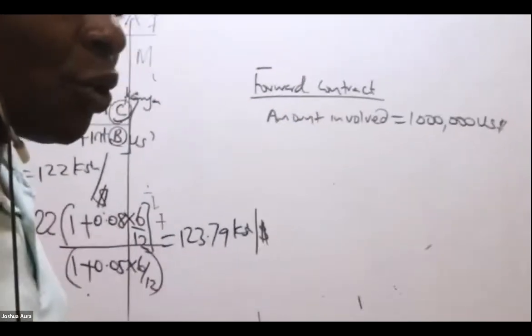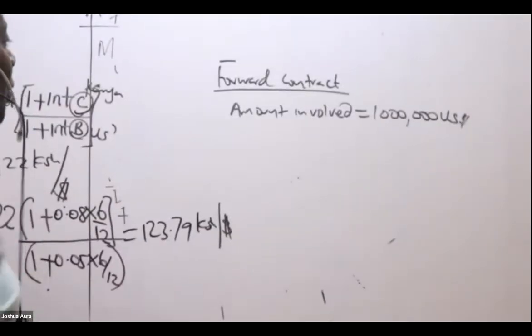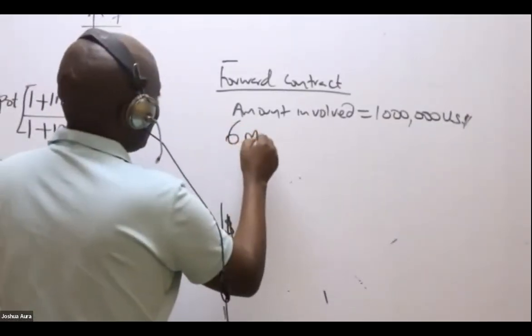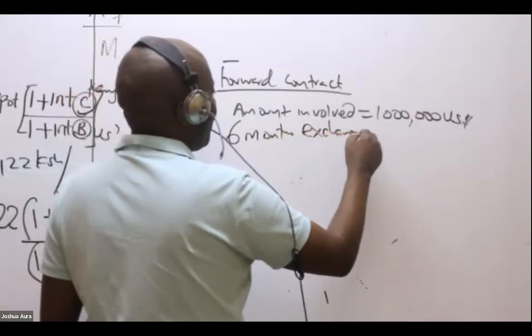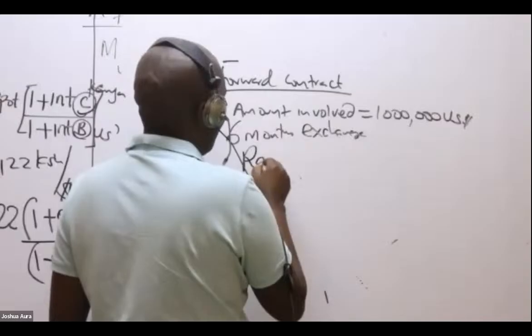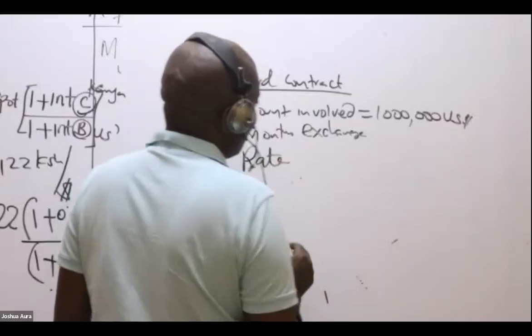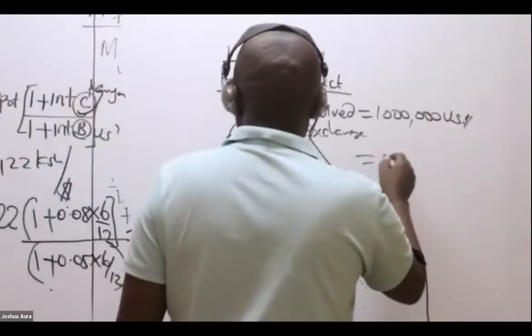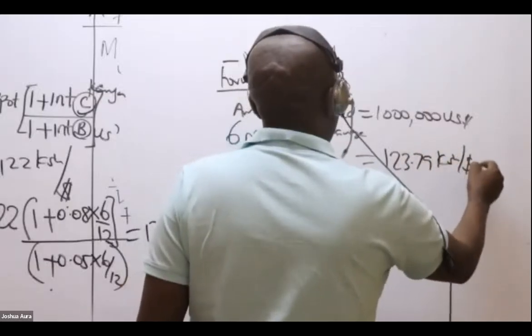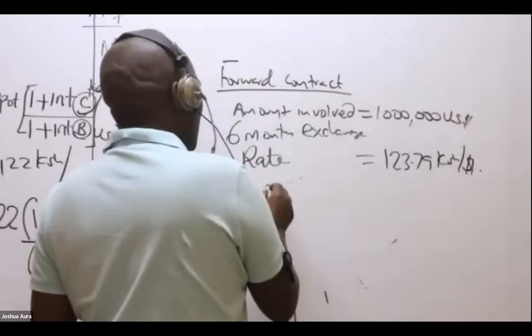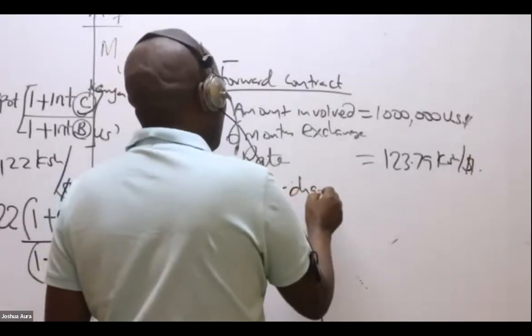And then number 2, we have the exchange rate. The 6 months exchange rate we have here is 123.79 Kenya shillings per dollar. So could you kindly go ahead and exchange?